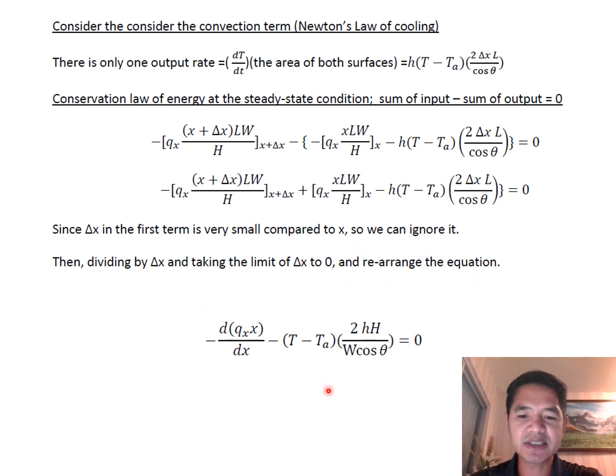We can get this formula, which is equal to minus d(q_x times x) over dx, where q_x is the heat flux along the x-axis, minus (T minus T_a), where T_a is the ambient temperature, times 2h, where h is the heat transfer coefficient, times H, the height of the fin, over W, the width of the fin, cos theta, equal to 0.